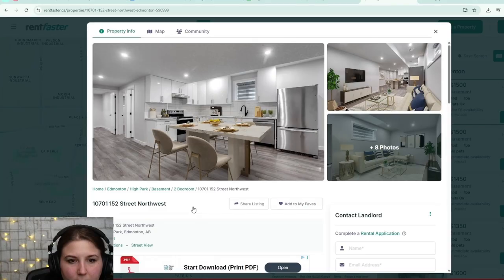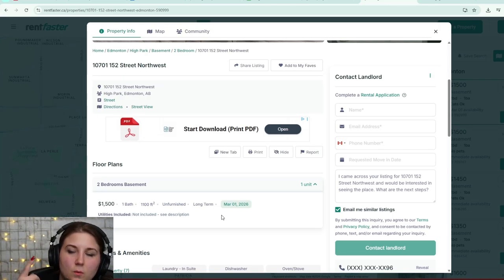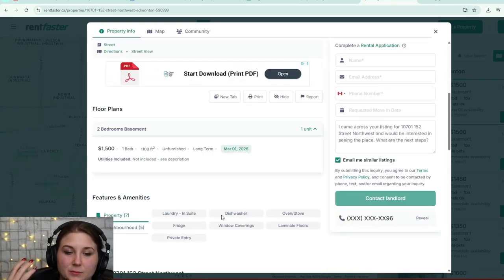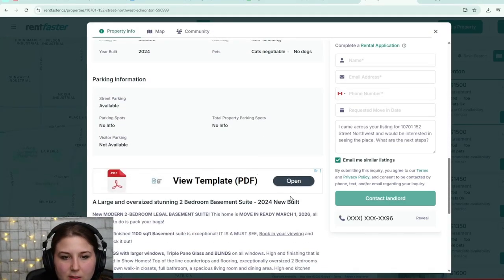While this is loading, CMHC came out with a new policy for MLI Select saying that each unit has to have their own water, electrical, and gas meter. Reason being is they think in the future that these buildings are going to be condominiumized, meaning they're going to sell them unit by unit.